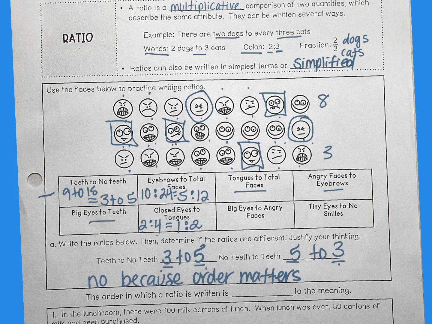So those are two different numbers. Those ratios are different from each other. They're not the same, because the order in which a ratio is written matters. Okay, so down here, when we're looking at this space here, it says the order in which a ratio is written is important to its meaning.